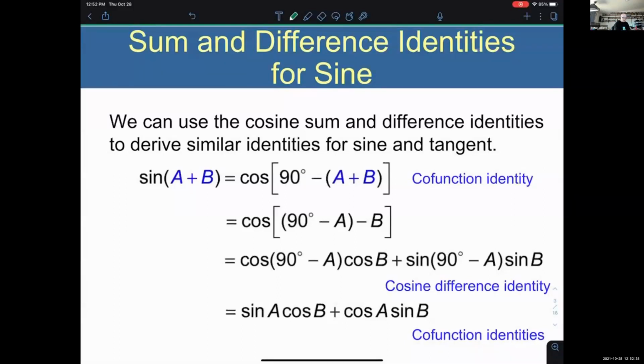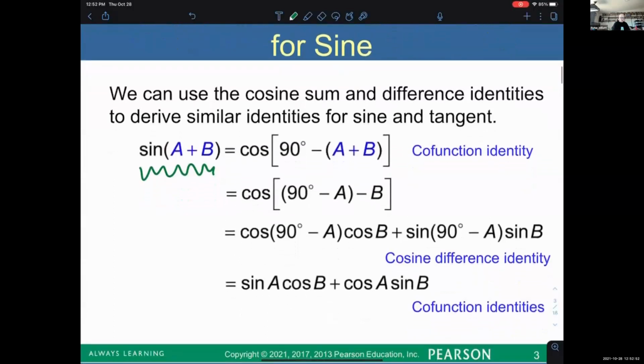So they begin by saying, all right, let's say we wanted to look at the sine of a sum of angles. Well, using the cofunction identity, we can convert that to 90 minus that sum of angles. And then with a little bit of algebra playing around and then using the cosine difference of angles formula, they end up with this result.